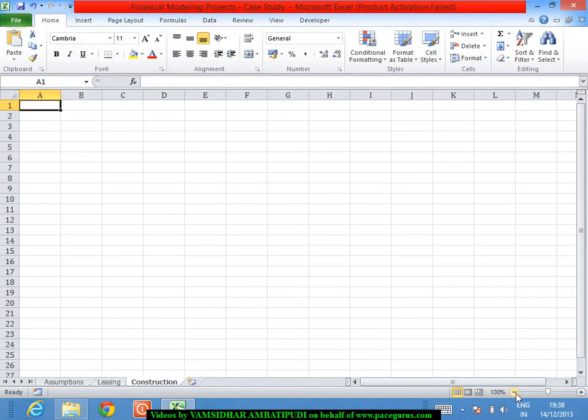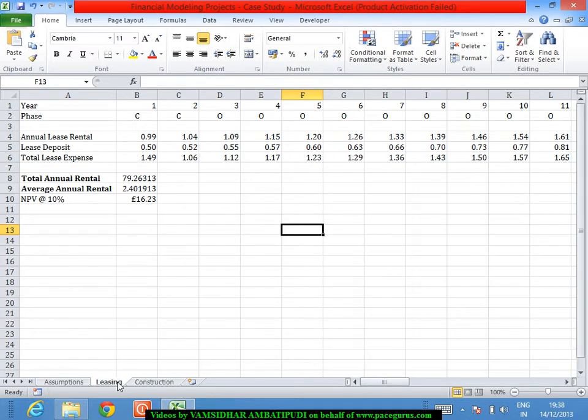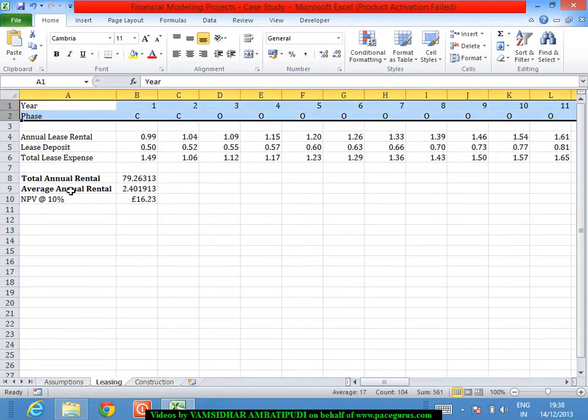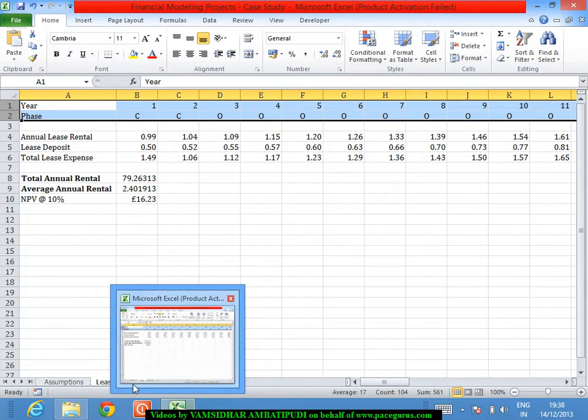But yes, before we look into it, a couple of things we have to make sure are consistent across all the sheets: this particular framework, the year as well as the phase, right?